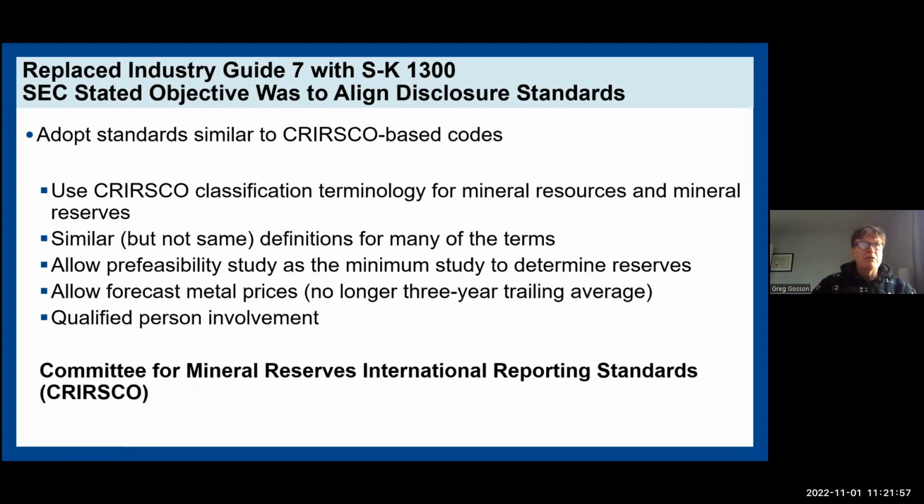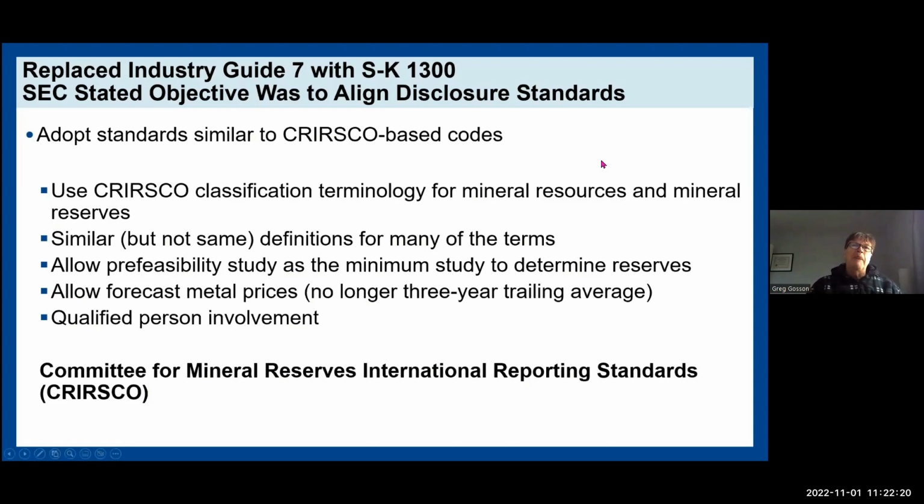They work under this umbrella called CRISCO, Committee for Mineral Reserves International Reporting Standards, and they agree on a set of standard definitions, and they have a template that they published, and it was recently updated in 2019.